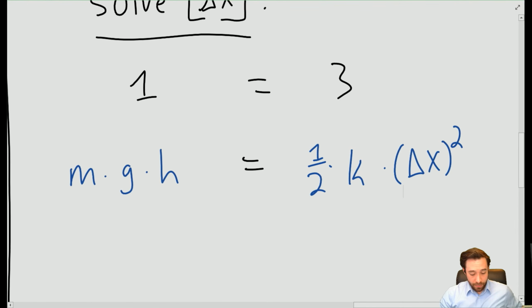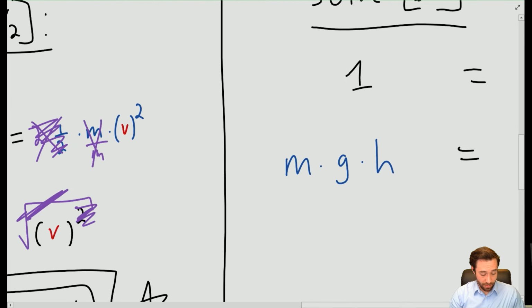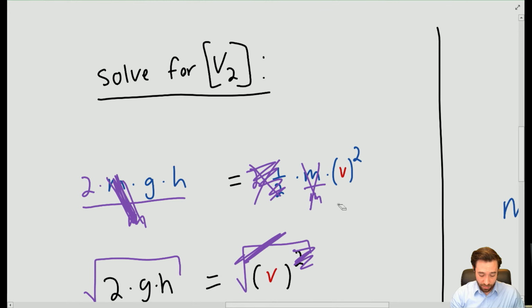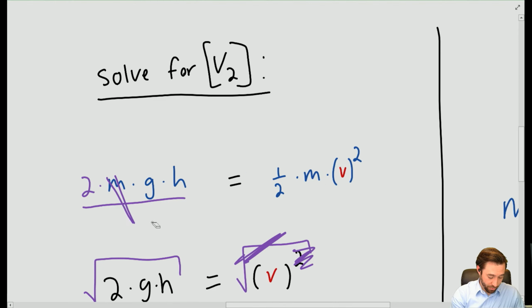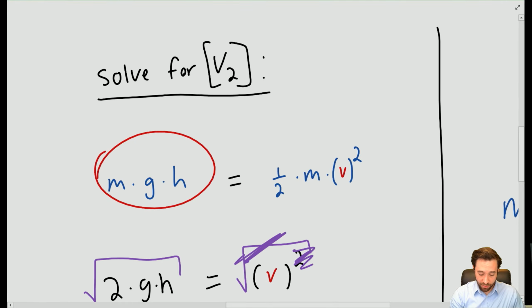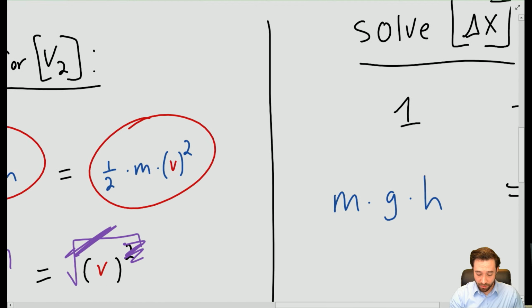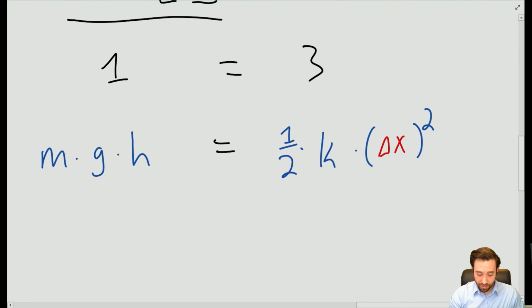Okay, so the variable that I'm solving for is this delta x. So if you look at this, and I slide over here and I look at this one, it should look pretty similar, right? I've got mgh over here. I've got 1/2 mv squared over there. Looks pretty close, right? Just the variables are a little bit different.